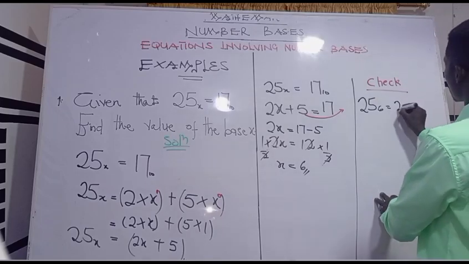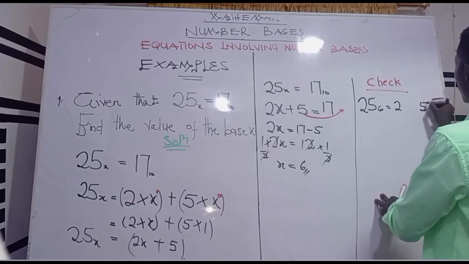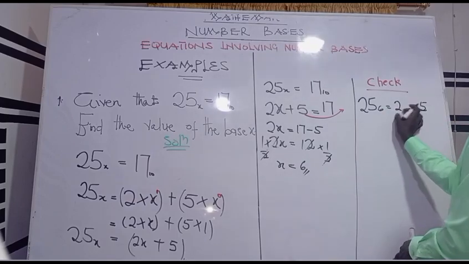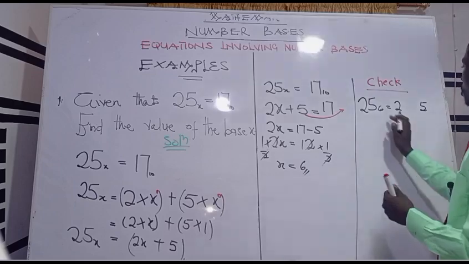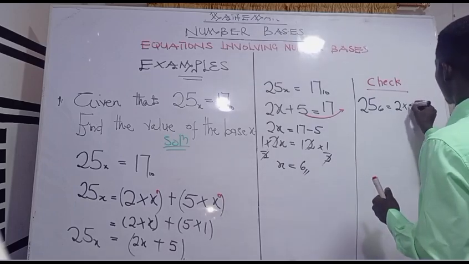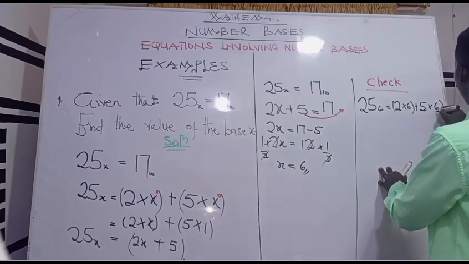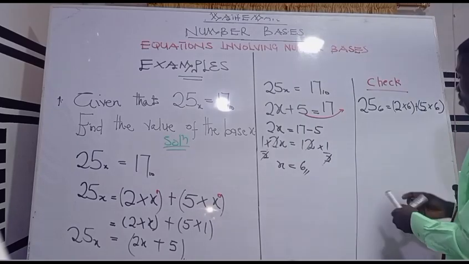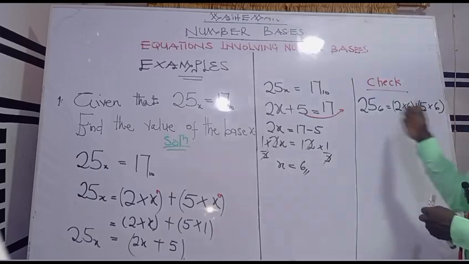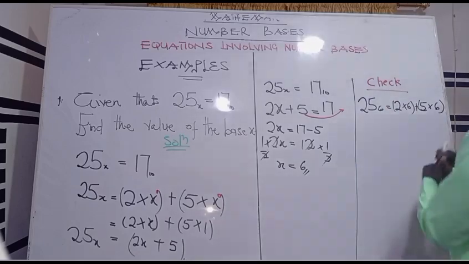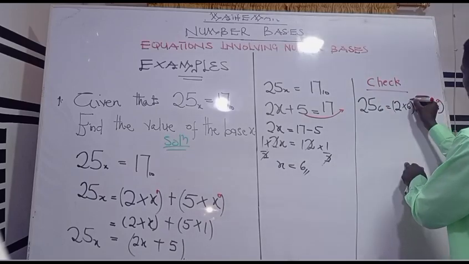So we are going to write 2 and then 5. And we are going to multiply each of these numbers by the base given. So the base is what? 6. So multiply here by 6. We sum them. Multiply here by 6. We sum them. Then after that, we start counting from the extreme right to the left on top of the number base. So we have 0 and then 1.